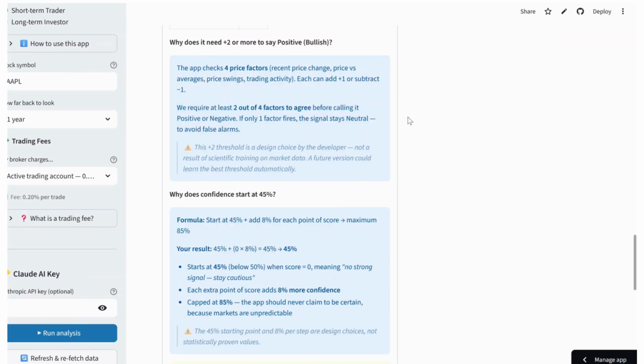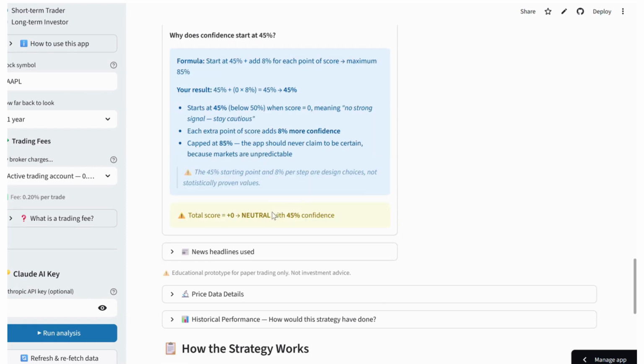And the confidence formula is shown here. It even says these numbers are design choices, not statistically proven values. Nothing is hidden. Every decision is explained. This is responsible AI.